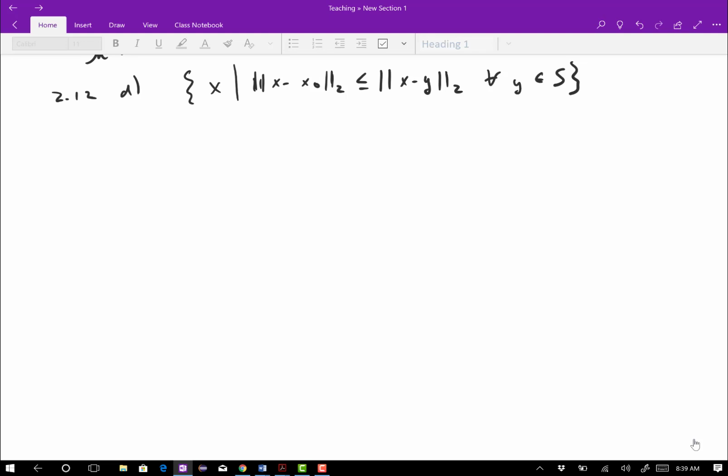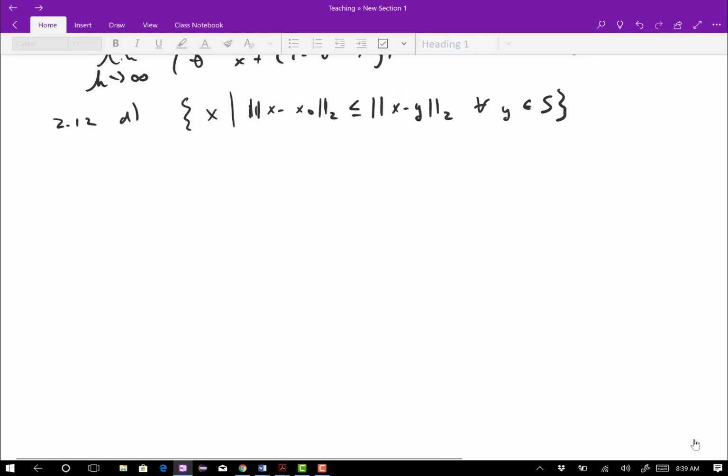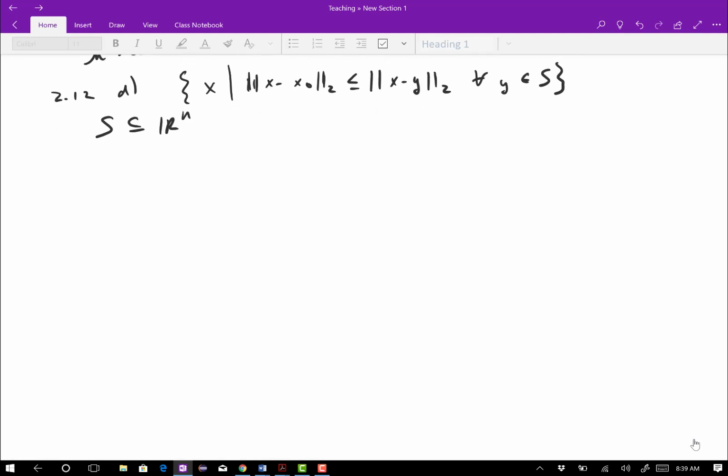And here S is a subset of R^n. And we can express this set as an intersection of some number of half spaces.